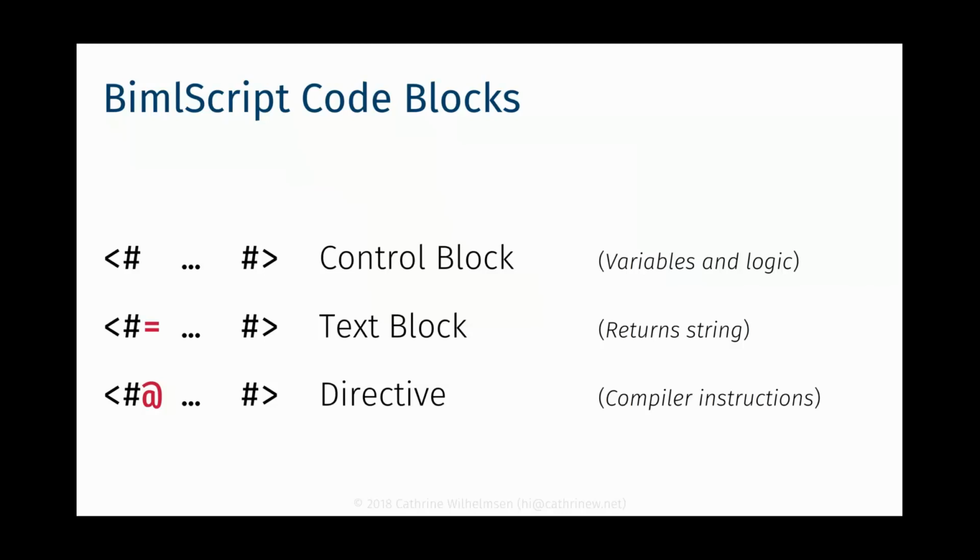That returns a string value, so anything inside this text block needs to be parsed and returned as a string value. So you can get the table name, for example, or the schema name or something like that. And finally, we have something called directives. These are instructions to the compiler. This basically specifies that I want to create my SSIS project in this specific way.